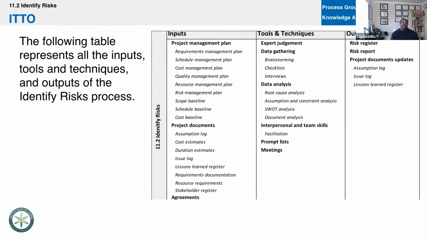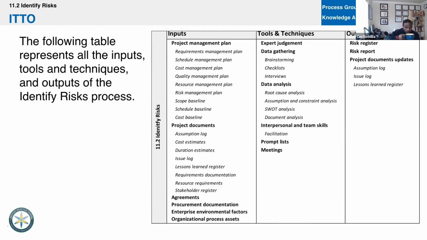So look at all these inputs. We're looking at everything now. We're looking at our assumptions, our estimates. Are they off? Lessons learned, right? To make sure that maybe things aren't a risk this time around, or maybe they're riskier than we thought.